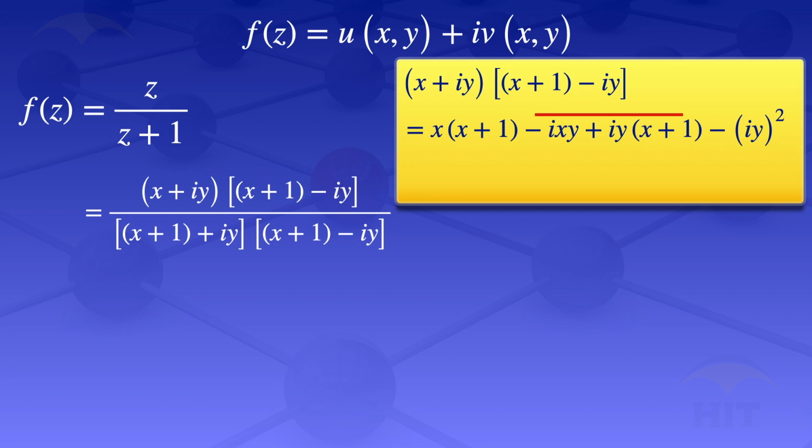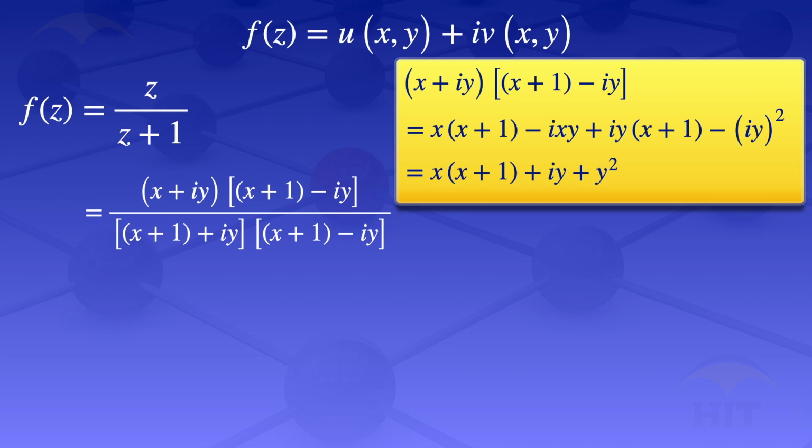But the minus ixy plus ixy gives us 0, so we remain with iy there. And on this part, we have minus (iy) squared. i squared gives us minus 1, and multiplying that minus 1 by the minus outside, we have a plus. So we remain with plus y squared. That simplifies to x(x + 1) + iy + y squared.